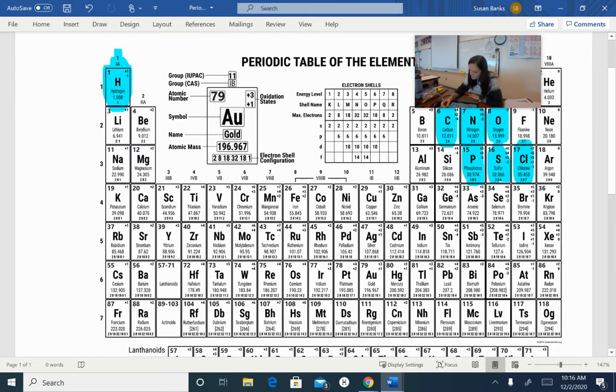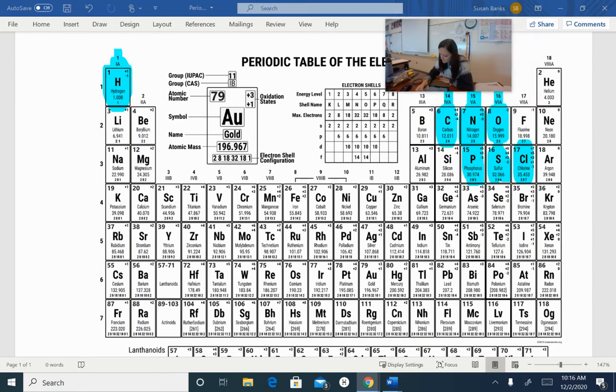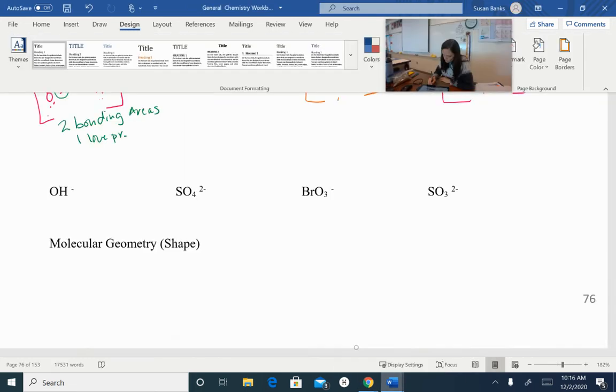All right, hydroxide. Oxygen has 6 valence electrons and hydrogen has 1. So oxygen has 6, hydrogen has 1, and I've got that charge, so I'm going to add in 1 more. So that gives me 8 total. Now there's no center atom here.